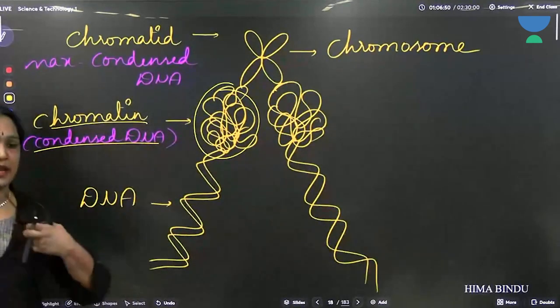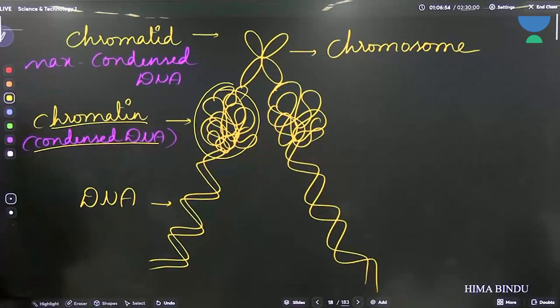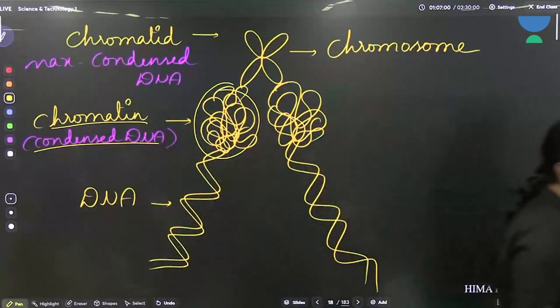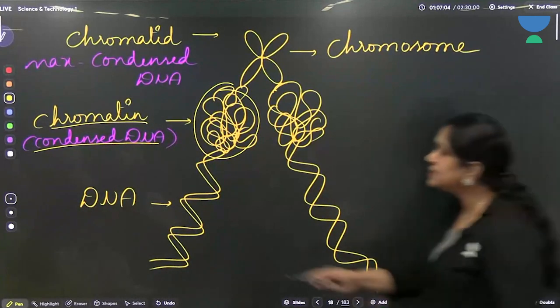If this is DNA, this is chromatin. Both are the same. The only thing is loose or tight. So if loose, it is DNA; if tight, it is chromatin; if tightest, it is chromatid. Use the word once.